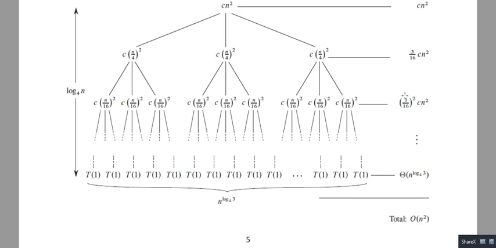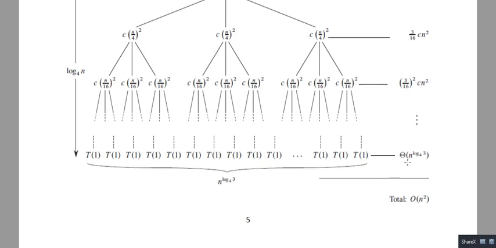So similarly, in the last level, we can write it is theta of n power log 3 base 4, because this was the number of leaf nodes, right?